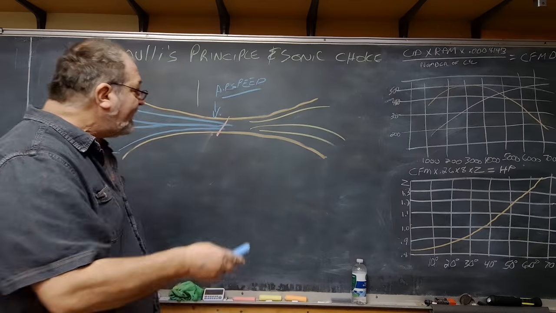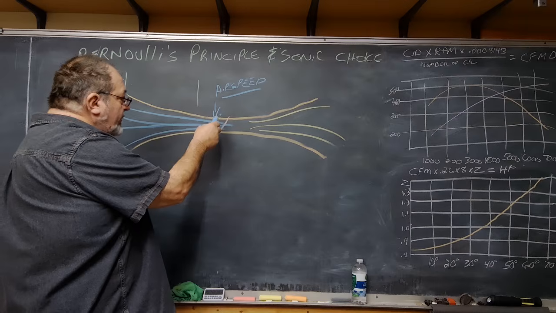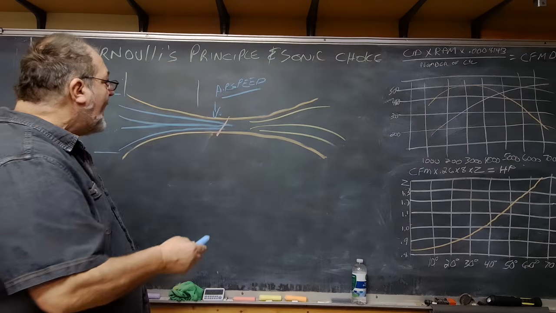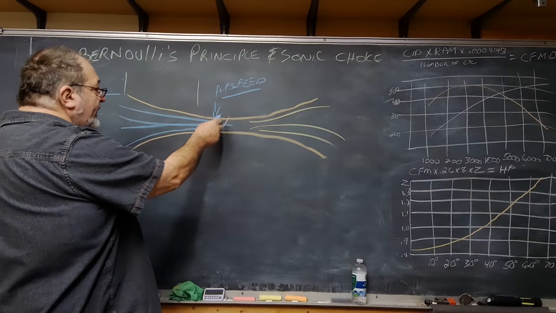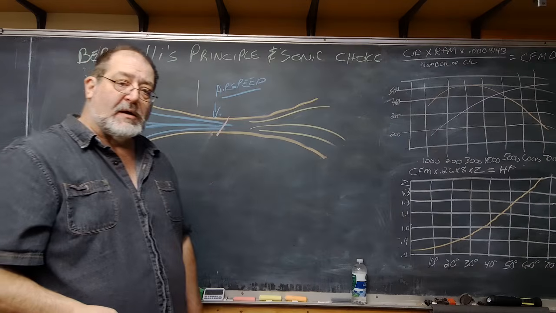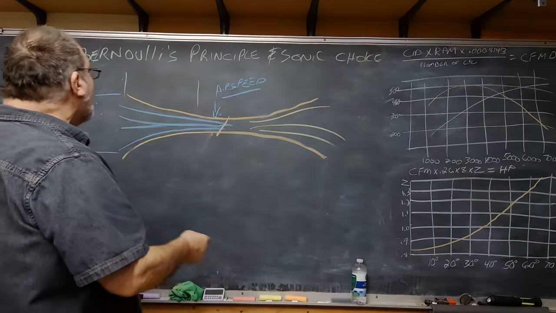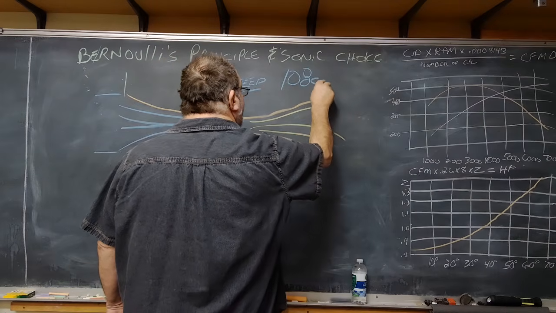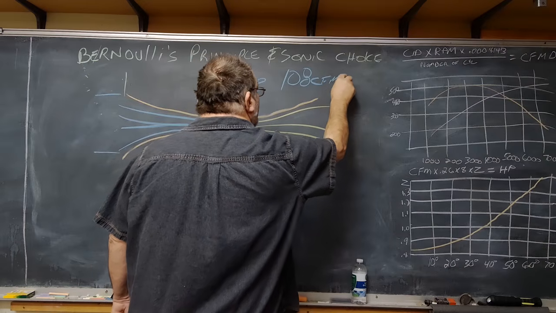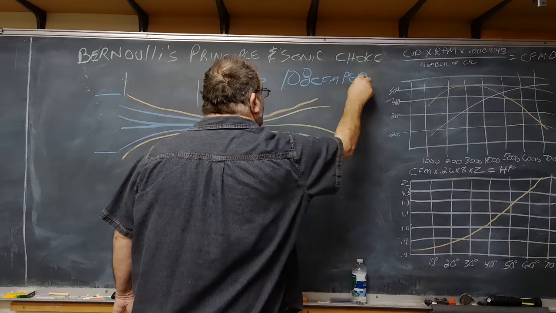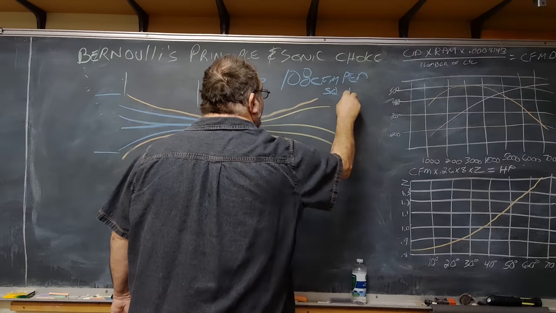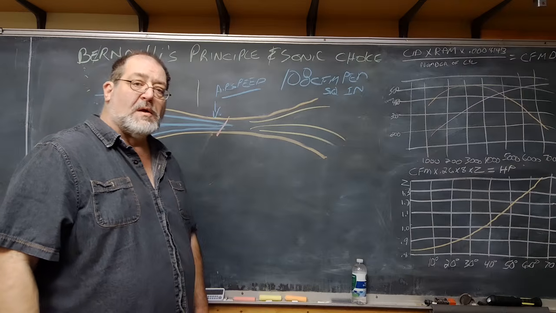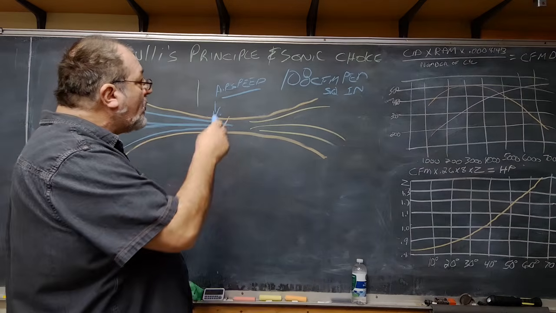You can't increase the airspeed to move more air. So it really becomes about how much air can you move in the given cross-sectional area. And we've talked about this before. My basic number is 108 CFM per square inch. Okay? That's my basic number. Now, we've talked about it before.